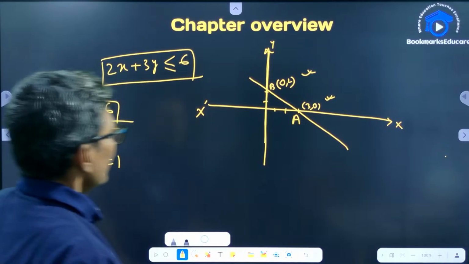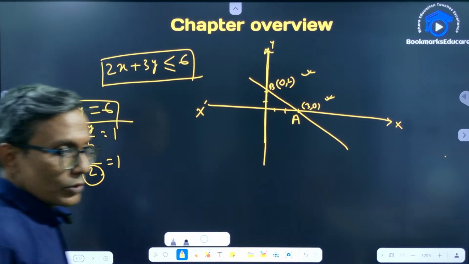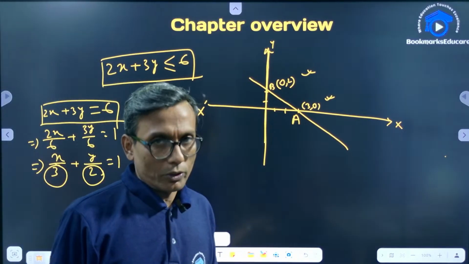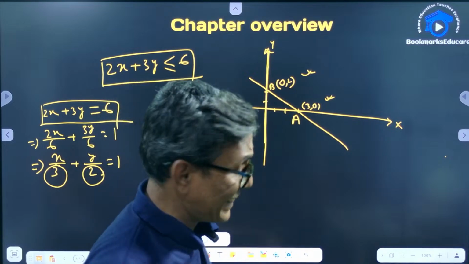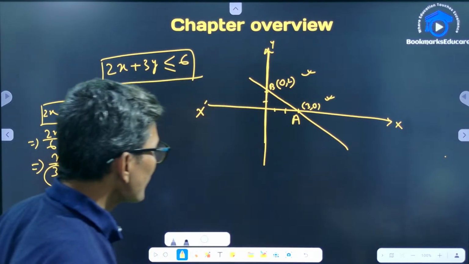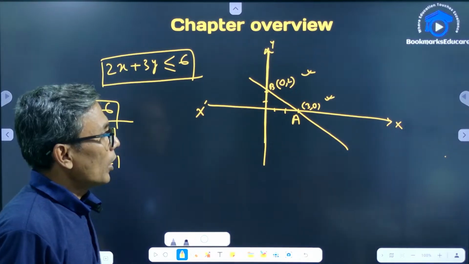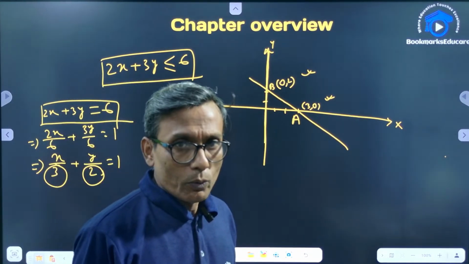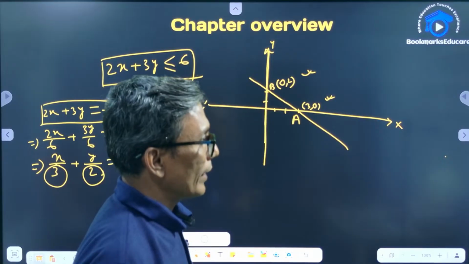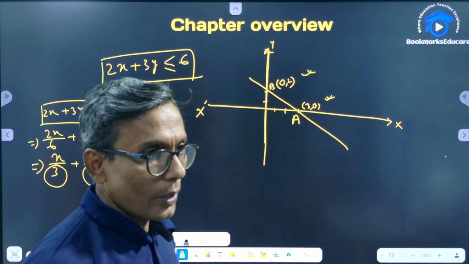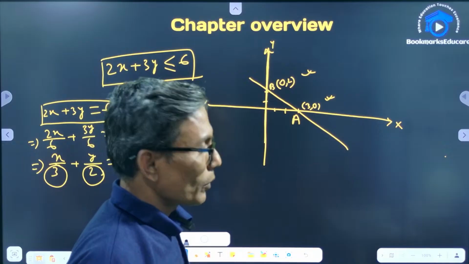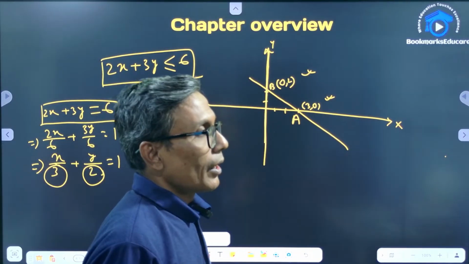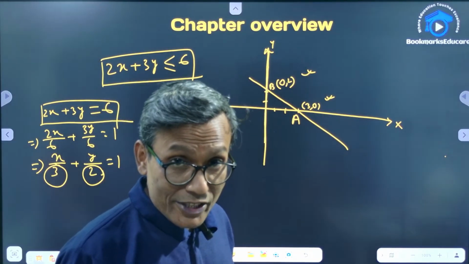So now the third step is to choose a test point. So we have to choose a test point. What is a test point? A desirable point which we can assume as a test point.